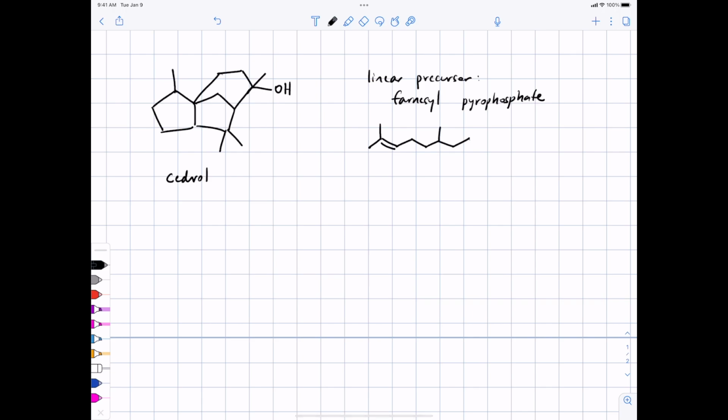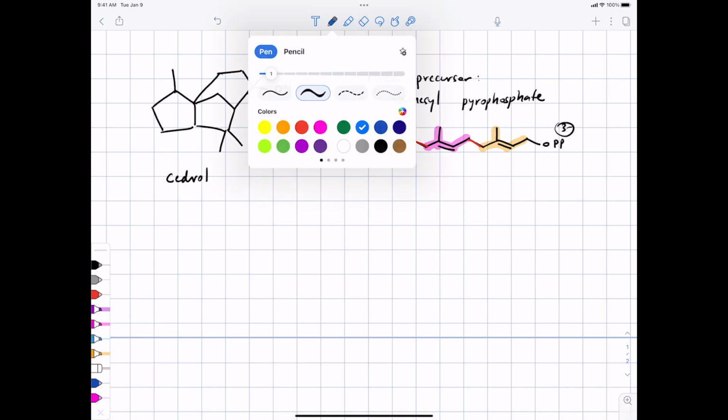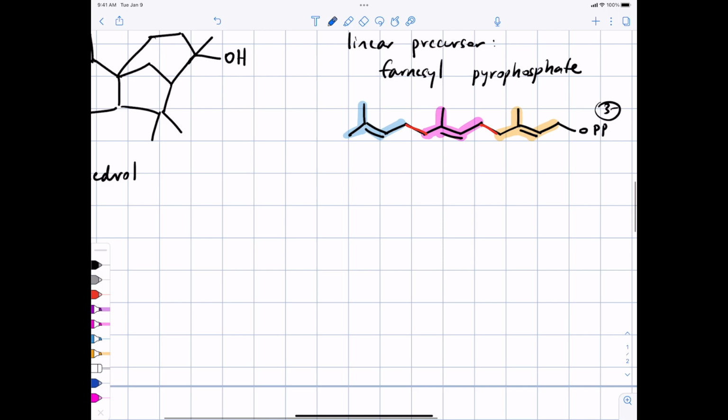It's got 1 more isoprene unit in it than does geranyl pyrophosphate, with the pyrophosphate leaving group. 3 isoprene units linked together head to tail. And we can number them if you want.